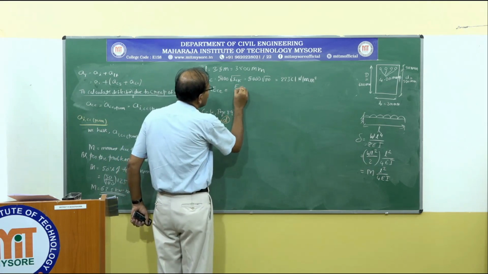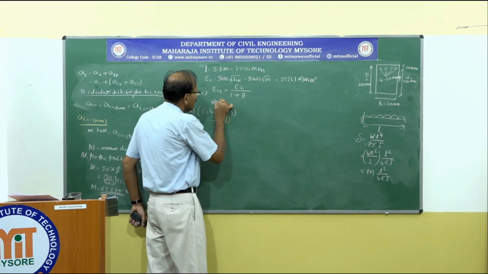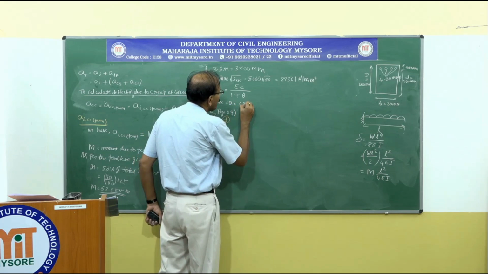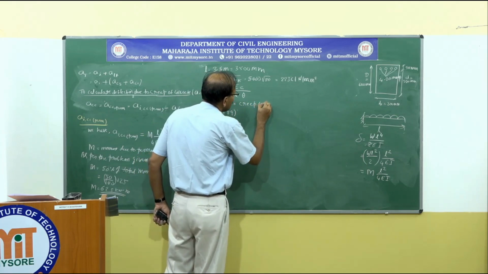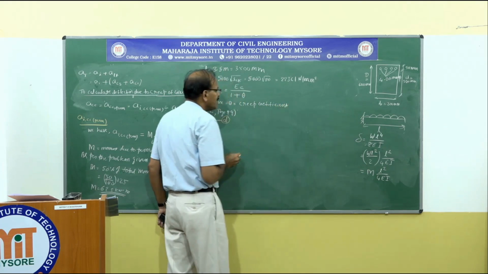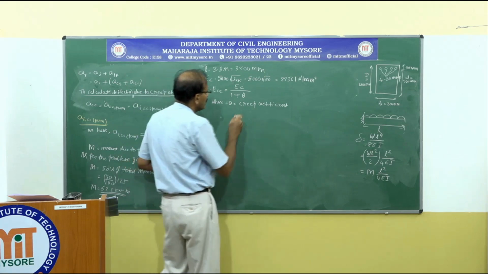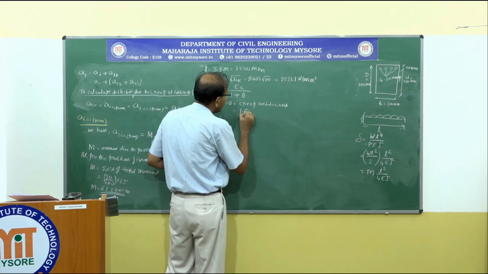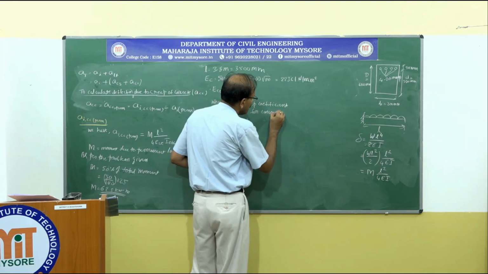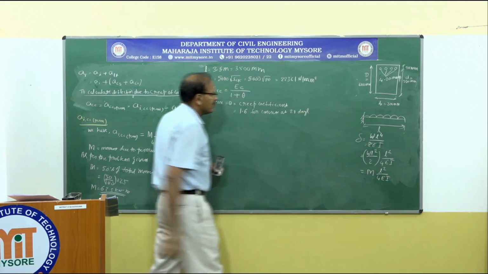ECE is nothing but EC divided by 1 plus theta, where theta equal to creep coefficient, that is equal to 1.6 for concrete at 28 days.